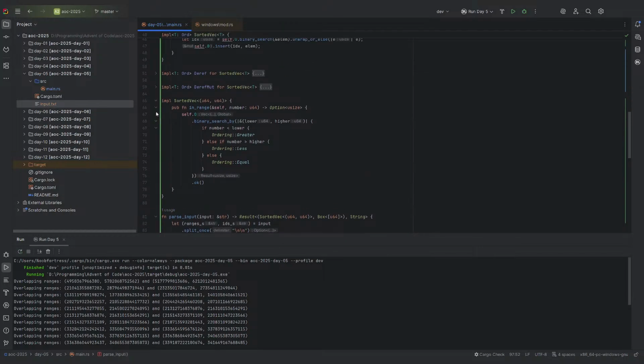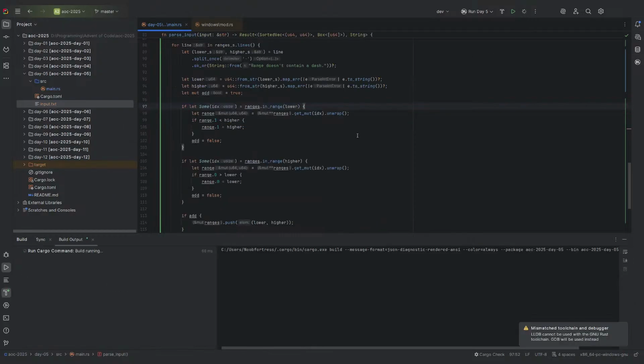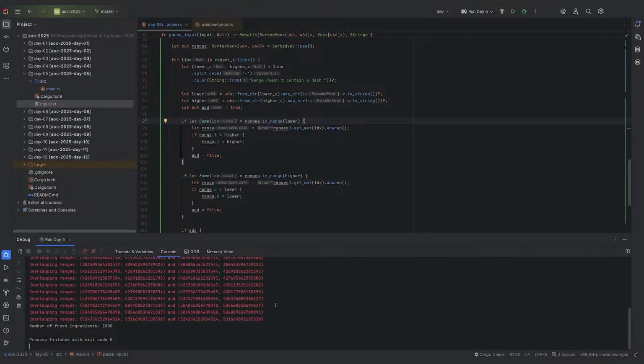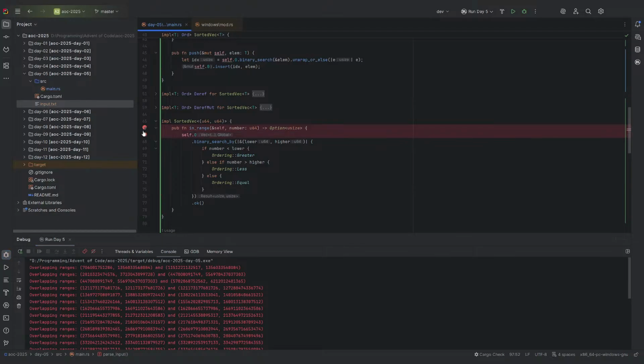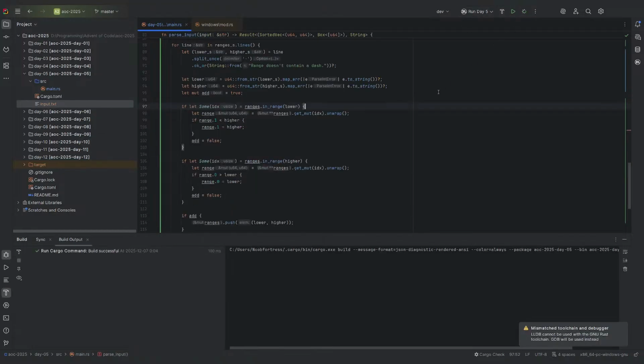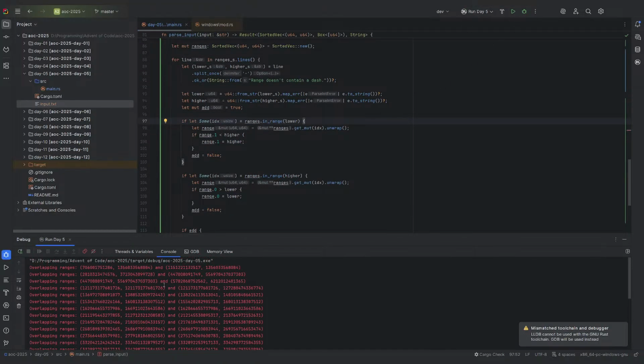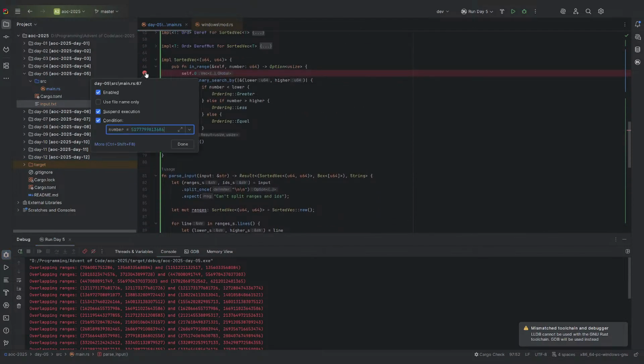Should be able to put a conditional on here, right? Just doesn't trigger great. Where did I get that number from if it's not?